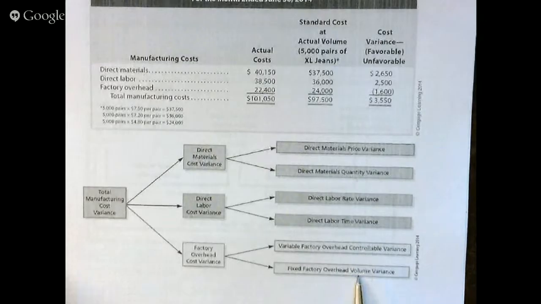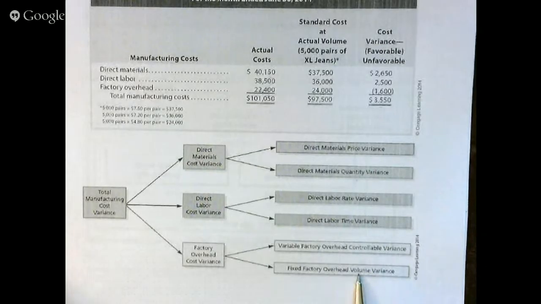You'll recall from a previous video the establishment of predetermined rates. That's done at the beginning of the period when the actual production quantity is unknown. If the actual production quantity differs from the planning amount, the PDR, or predetermined rate, will misstate the amount of fixed overhead costs that the units made during the production cycle actually consumed.